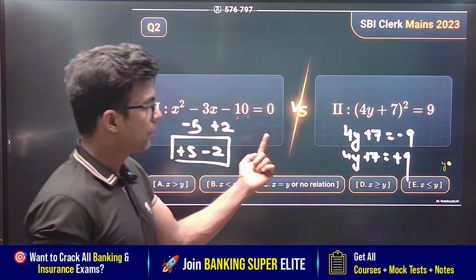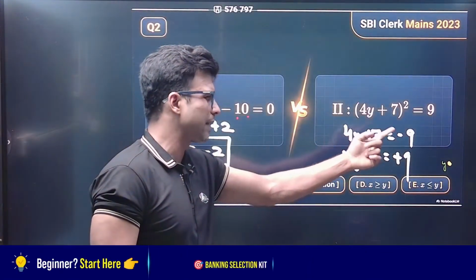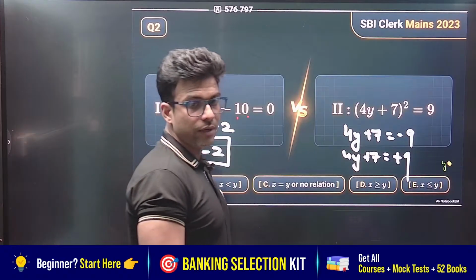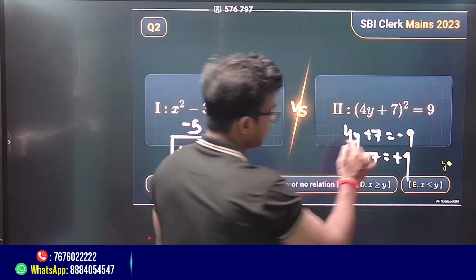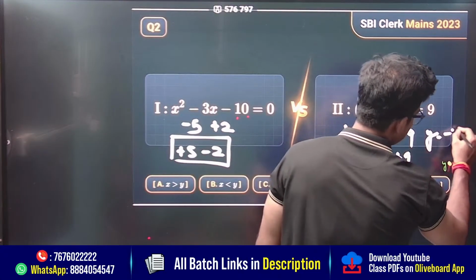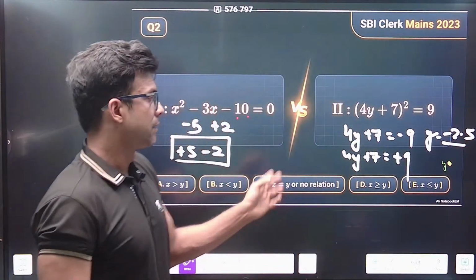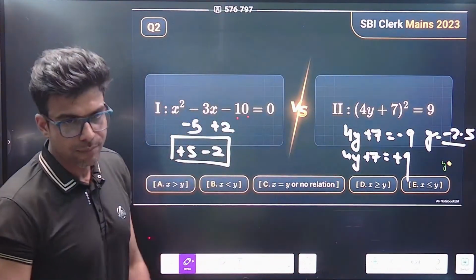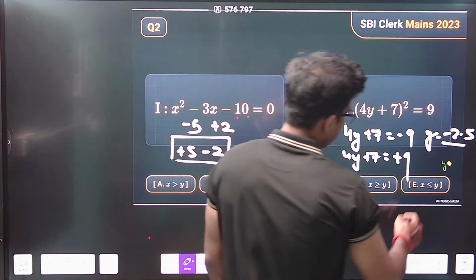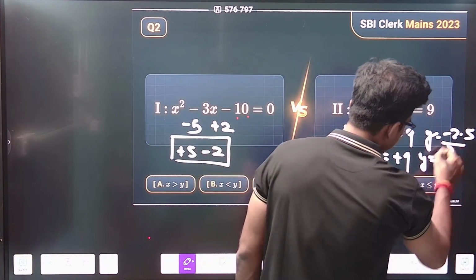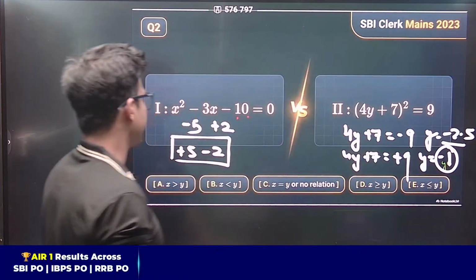Now see, minus 9 and plus 7 would give you minus, so y is equal to minus 2.5. And from here, 7 minus 9 will be minus 2, so 4y plus 7 is equal to minus 1. Is it correct? These are the roots you are getting, everyone. Minus 1 and minus 2.5.